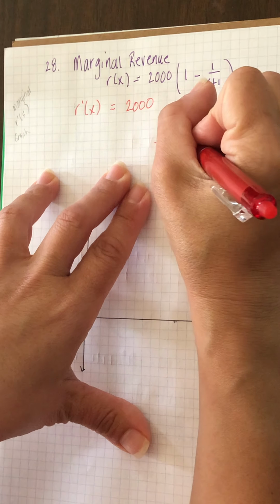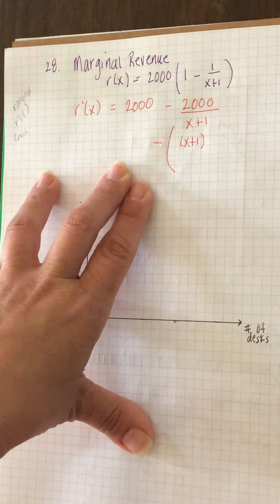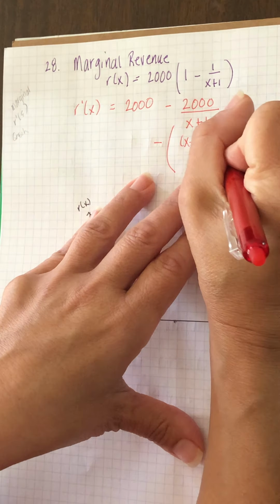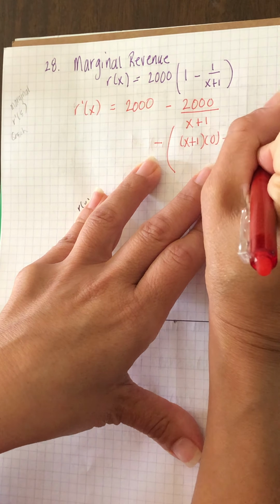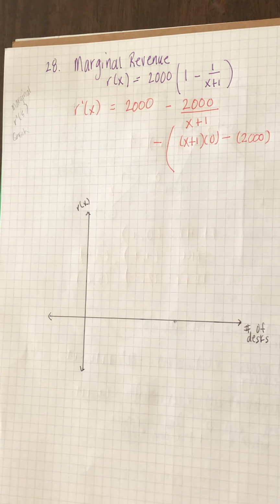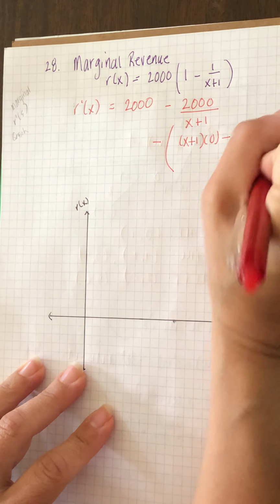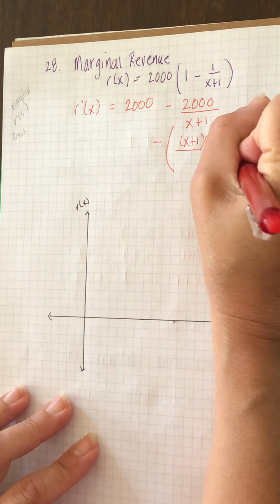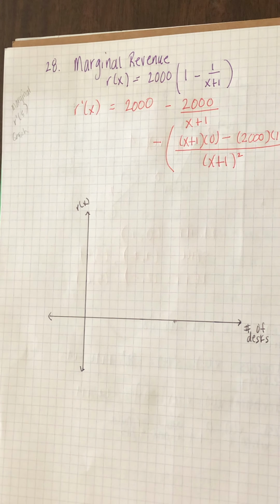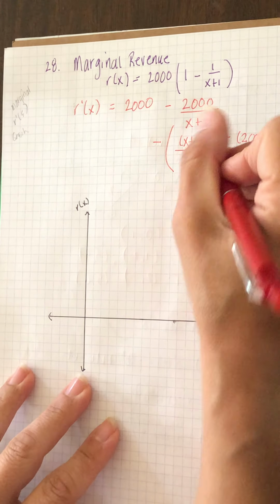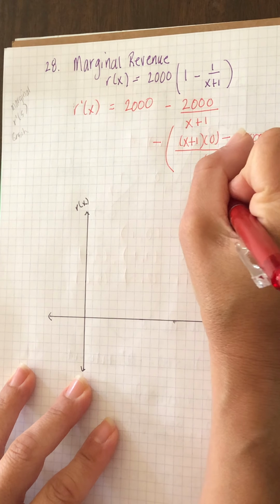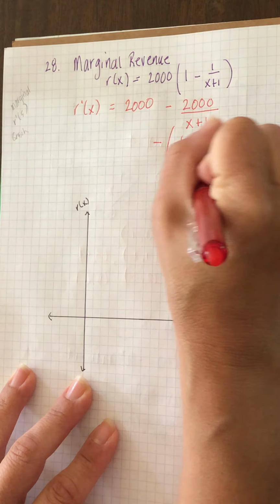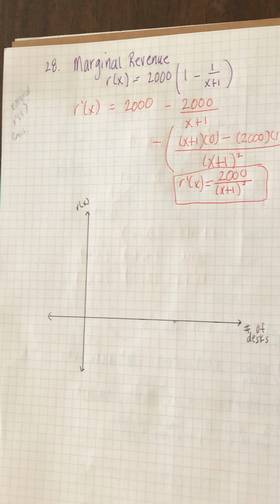The denominator, x plus 1, times the derivative of the numerator, 0, isn't that nice, minus the numerator times the derivative of the denominator, which is 1, all over the denominator squared. So this ends up being 2,000 over x plus 1 squared. So there is your marginal revenue.